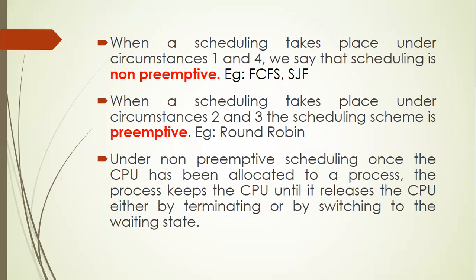One, it has to complete its execution. In that case, automatically it goes to terminating state and the CPU switches to the next process. Or the particular process has some IO operation, then only the CPU goes to the next process. Otherwise, once the process is allocated the CPU, it keeps the CPU until it is completely executed. In no way can we forcibly take the CPU out of that process and give it to the next process in the ready queue.